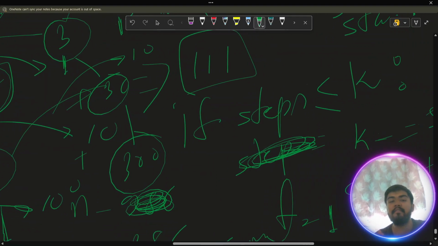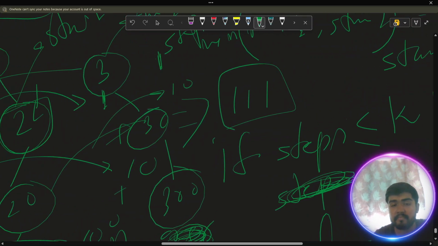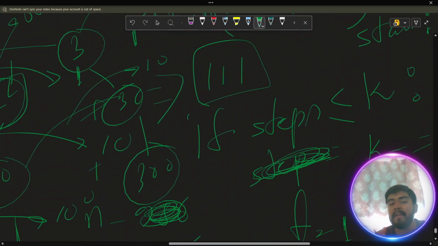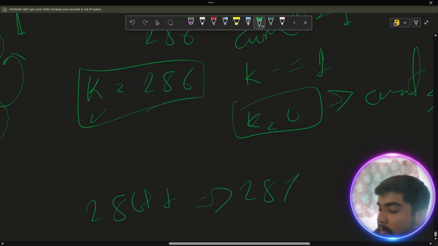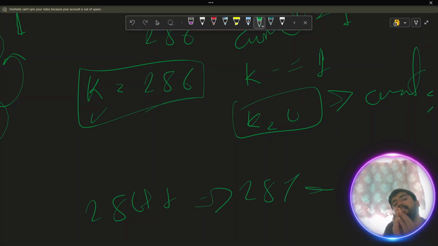Agree, guys? Totally agree. So for 300, the minimum is 286 plus 1, that is 287. Because 300 is exceeding and n plus 1 is smaller, in that case we have to take the minimum. If my start 2 is higher and my start 1 is within the range, then we have to take n plus 1 only, because n plus 1 is my last boundary.